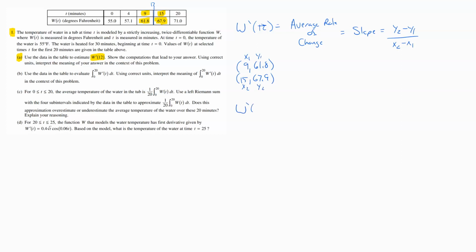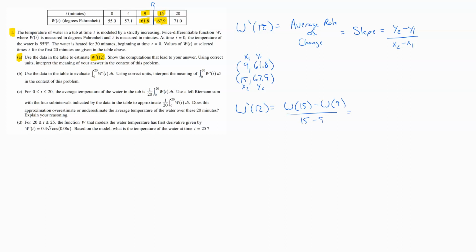And so for W prime of 12, they would usually want you to give them some fancy notation. They would want you to say something like W of 15 minus W of 9 over 15 minus 9 equals, and then go ahead and plug in your values.